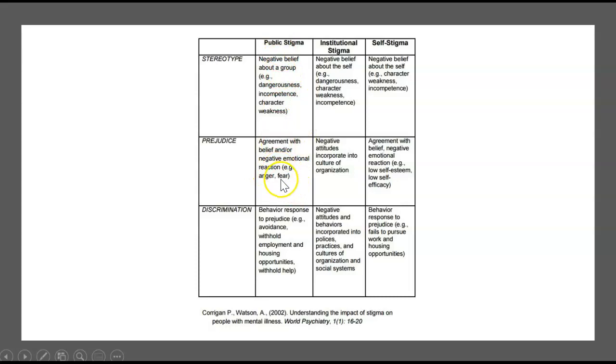So on the public stigma side, prejudice ends up expressing itself as, say, you may have a stereotype about people with mental illness, and in your voicing of those opinions, you express agreement with others who share the same beliefs, and you also have the added component of these negative emotional responses.